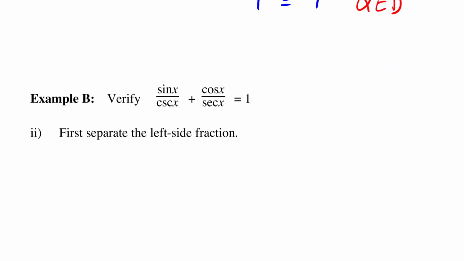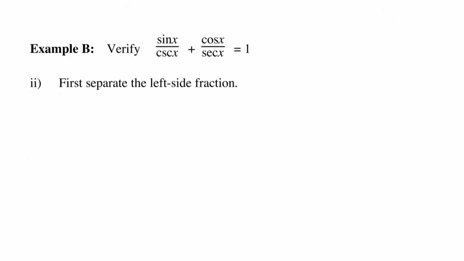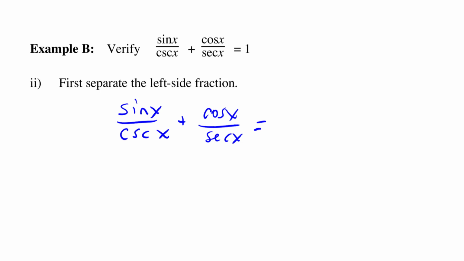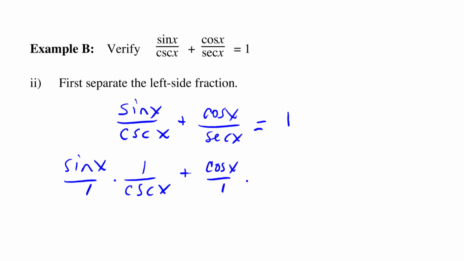Here's that very same identity to verify. We're going to use that second technique this time, where we separate the fractions so that the sine x over cosecant becomes sine x over 1 times 1 over cosecant. And cosine over secant becomes cosine over 1 times 1 over secant. You don't have to do it this way.